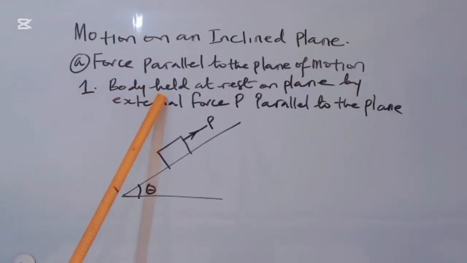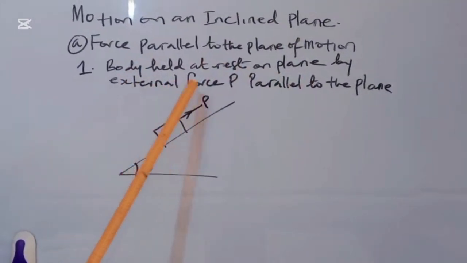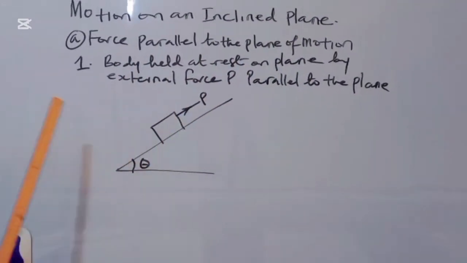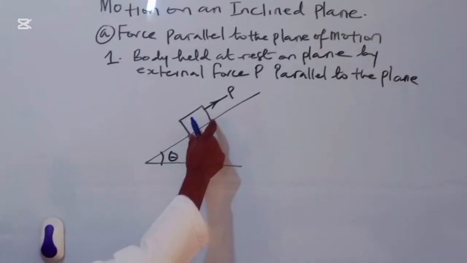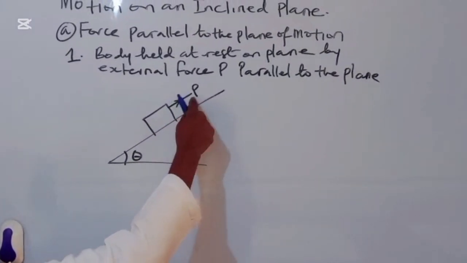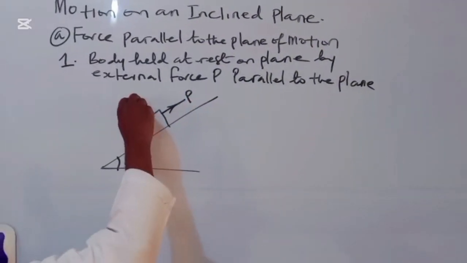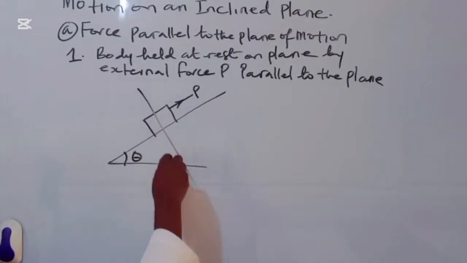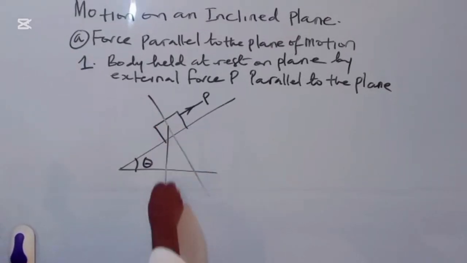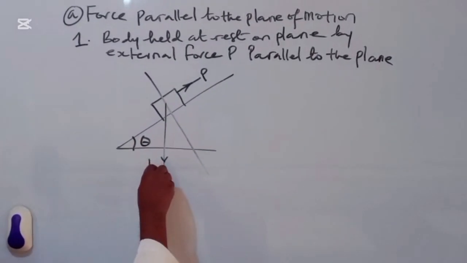Now we have a force parallel to the plane of motion. Case 1: body held at rest on the plane by an external force P parallel to the plane. If we assume that this body is held at rest by this parallel force P, I will consider this as the weight acting downwards.